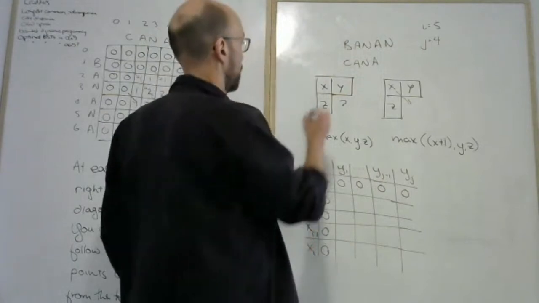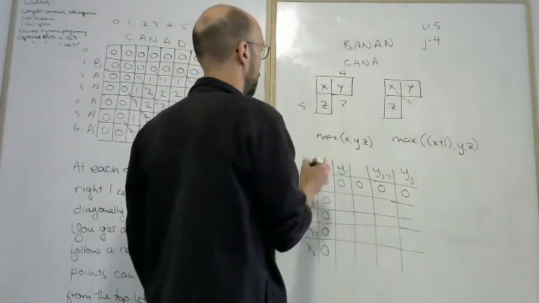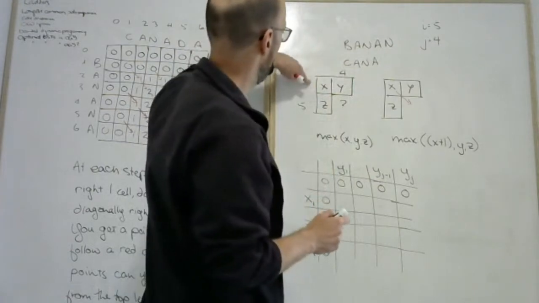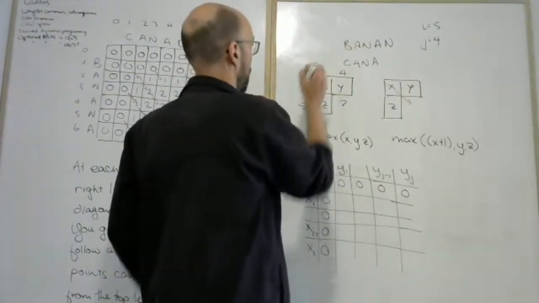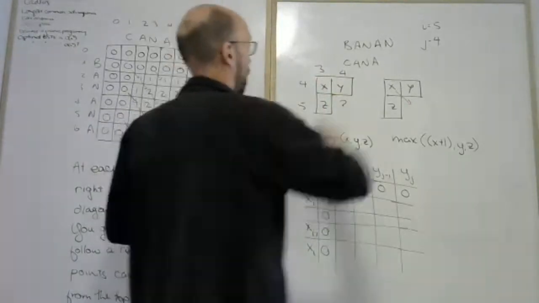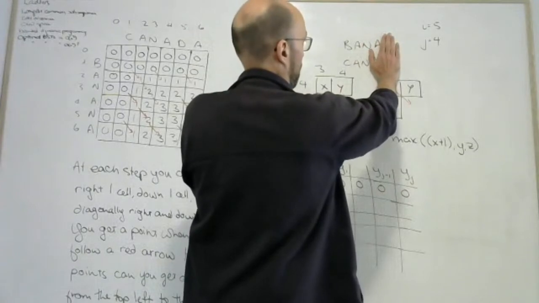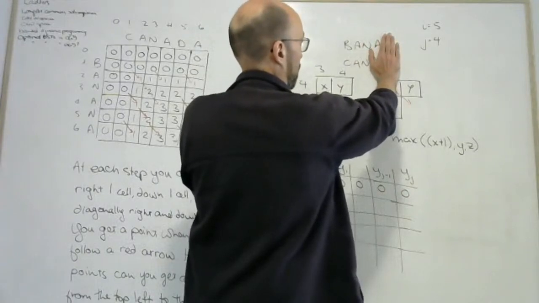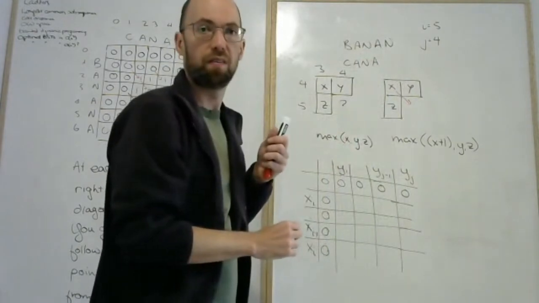This is 5, 5, this is 4. So what is 4, 3? What is the longest common subsequence of bana and kana? It's 2.